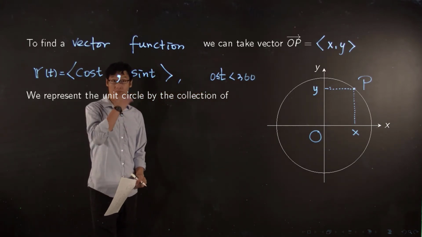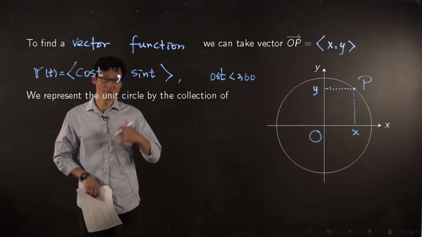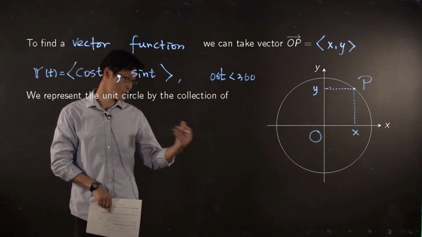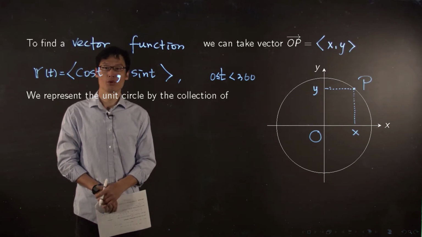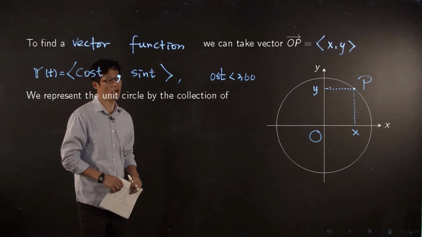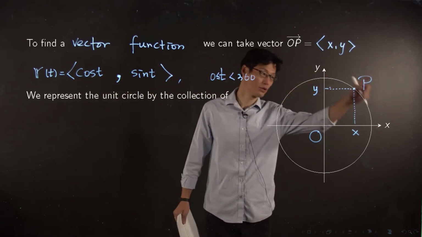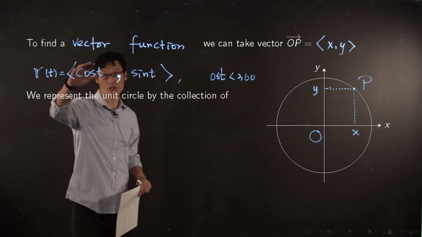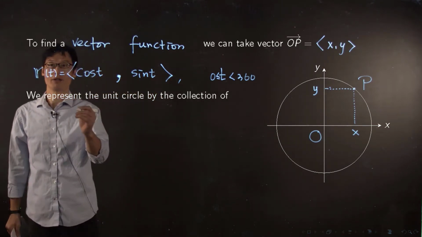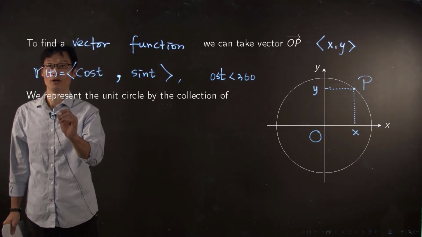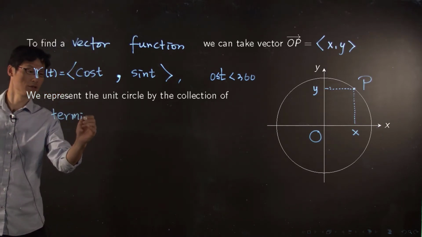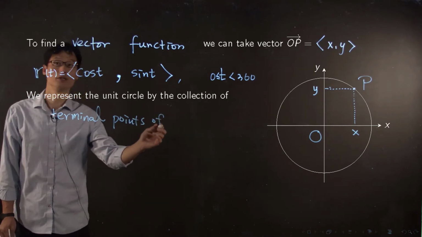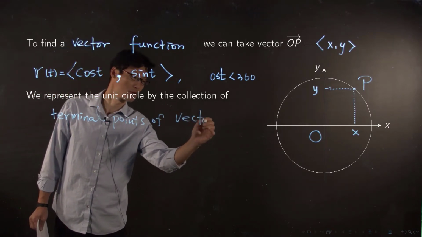Okay, so basically the same idea, but let me emphasize how those vectors represent the unit circle. Again, the unit circle consists of points. So we represent the unit circle by the collection of terminal points of vectors.